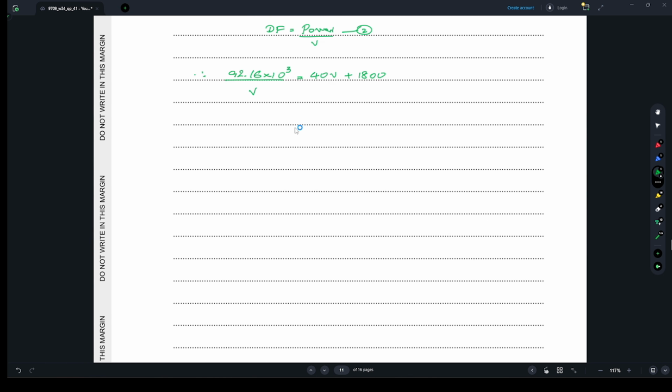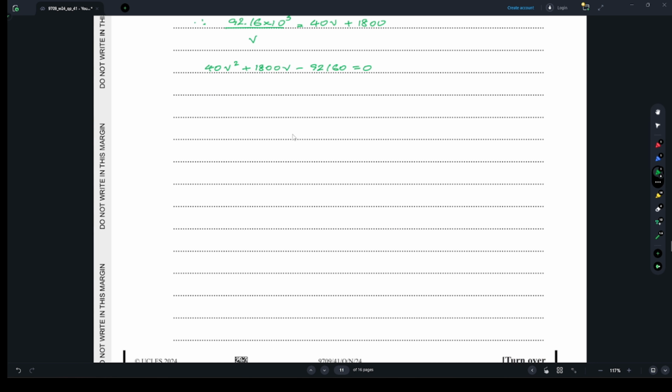So by cross multiplying we will have 40 v squared plus 1800 v minus, if I multiply by 10 to the power 3, 92,160 equals 0.